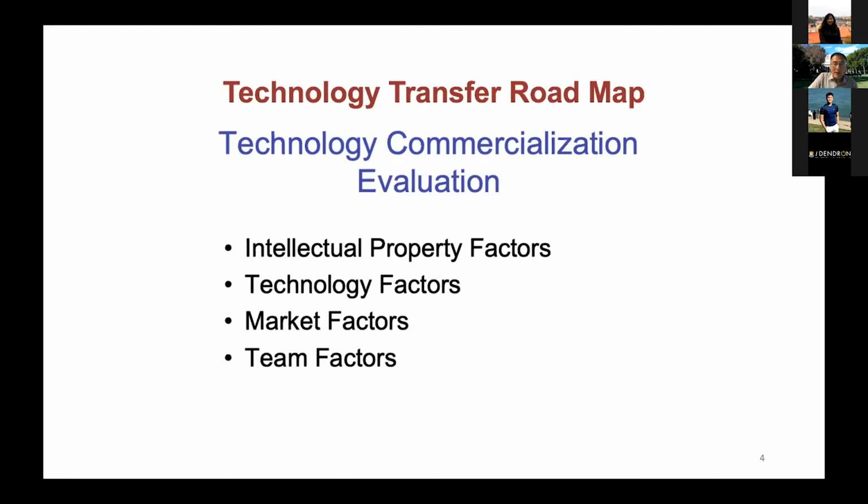So that's why the intellectual property factor comes first. The technology factor comes second, and the market factor comes third. The team factor is equally important as the intellectual property. We will discuss this. Here I will spend most of my time talking about the IP factor, or intellectual property factor.